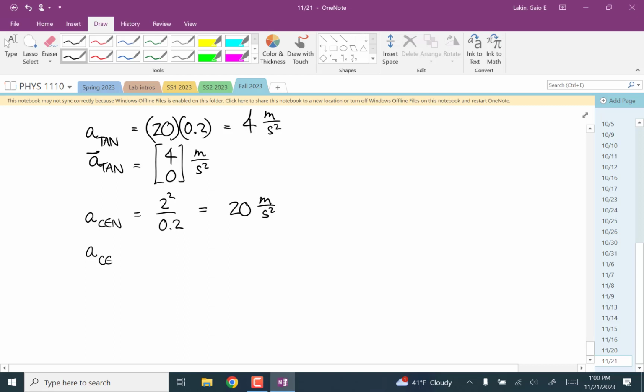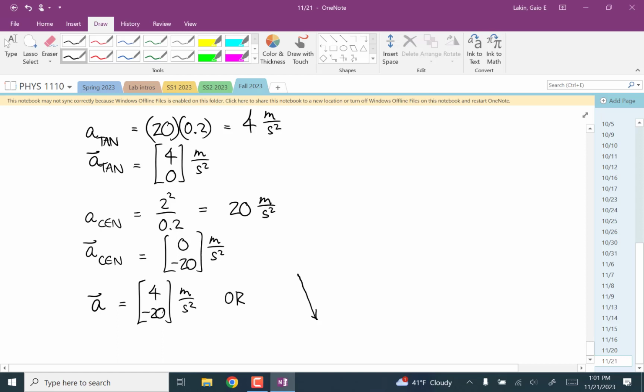So the centripetal acceleration vector is 0, -20. So the total acceleration is, add up the two parts of the acceleration, 4, -20, or in other words, that's going sort of like this way with a magnitude of, what was it, 20.3?